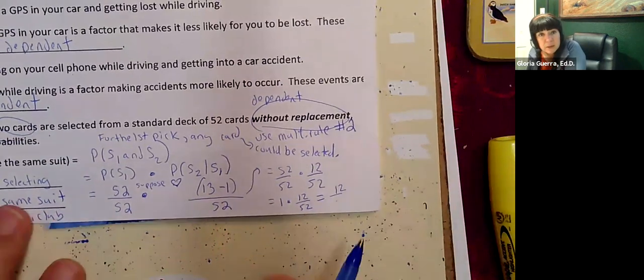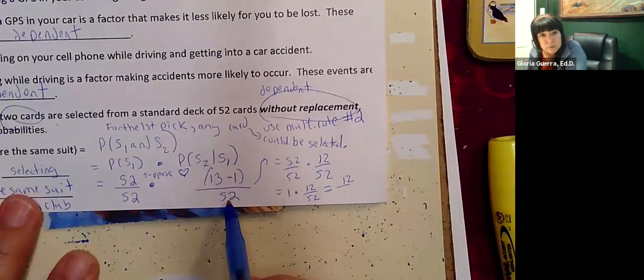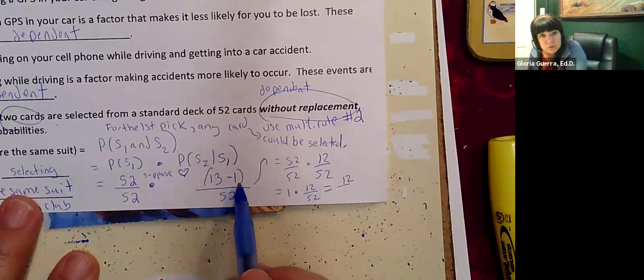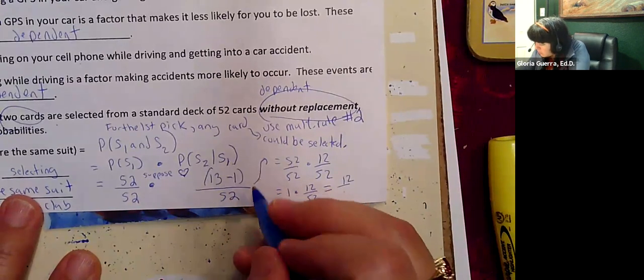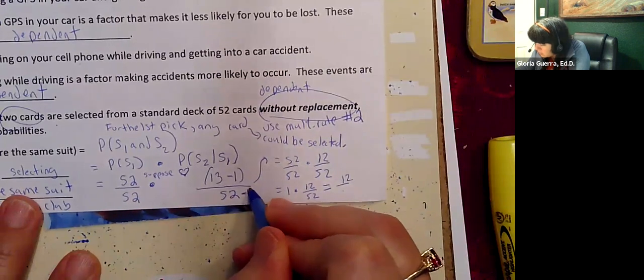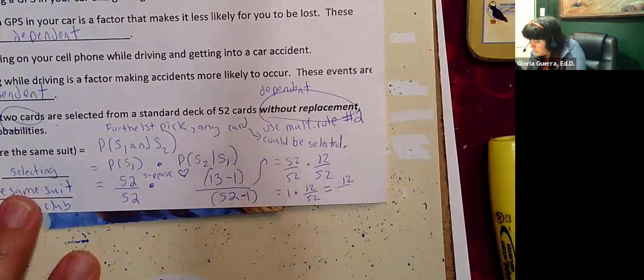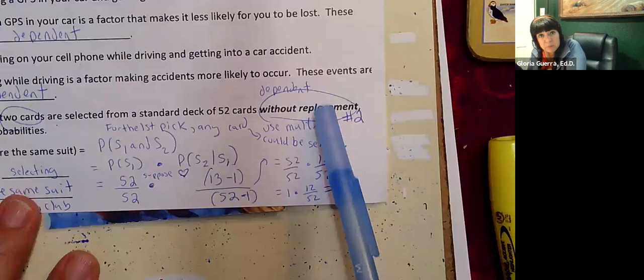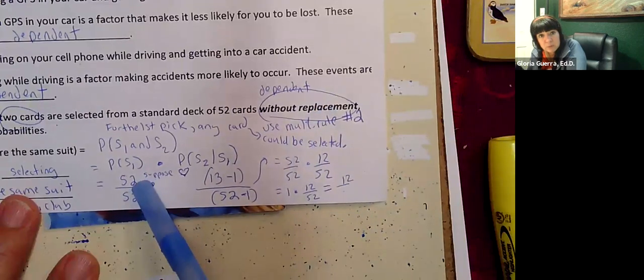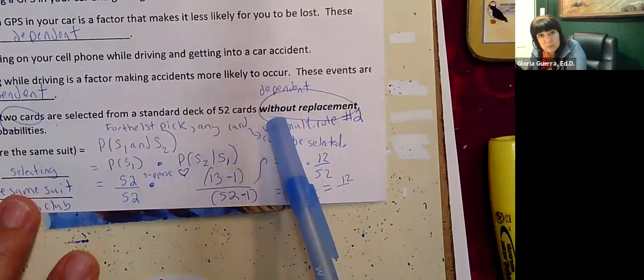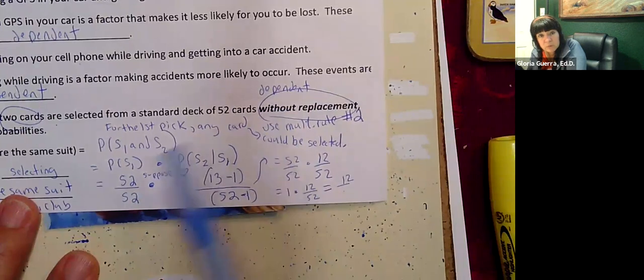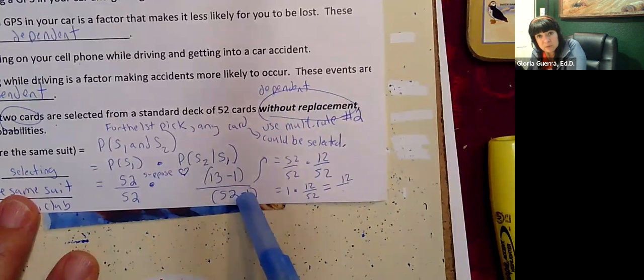Let's see, something happened here. 13 minus 1 is 12. This should have been 52 minus 1, because remember, without replacement. Once we get this card, we're not going to put it back in. So that's why this decreases also by 52 minus 1.